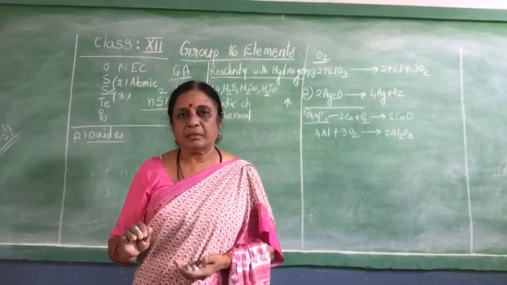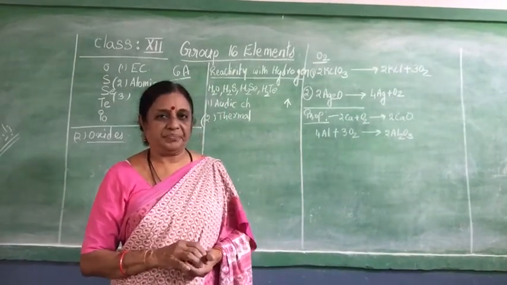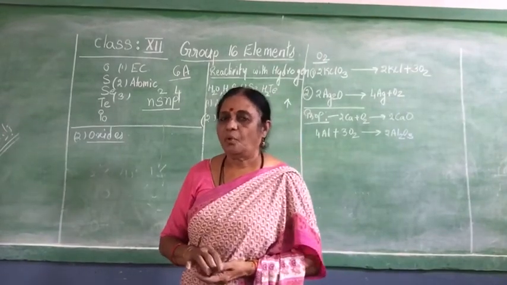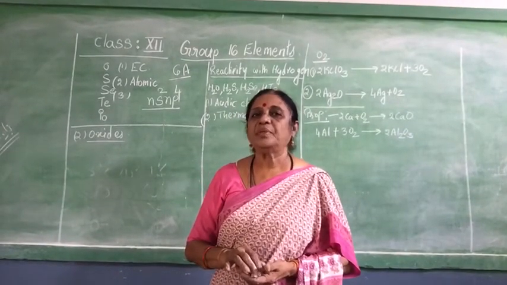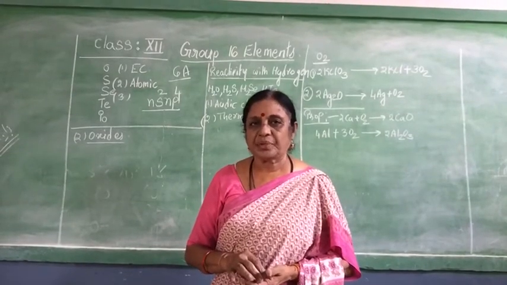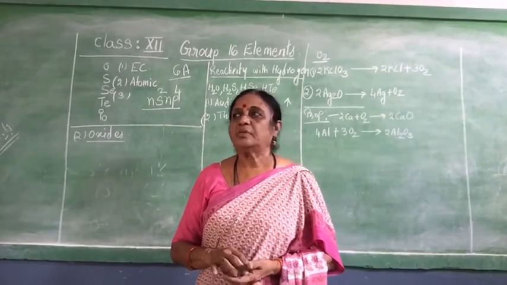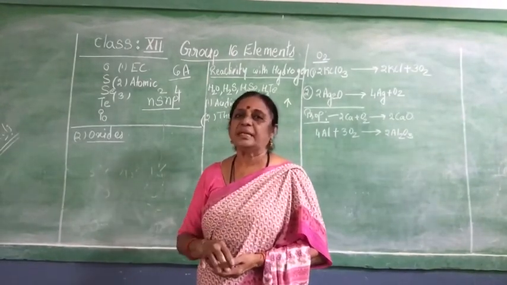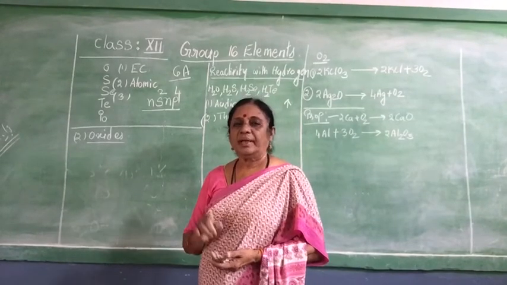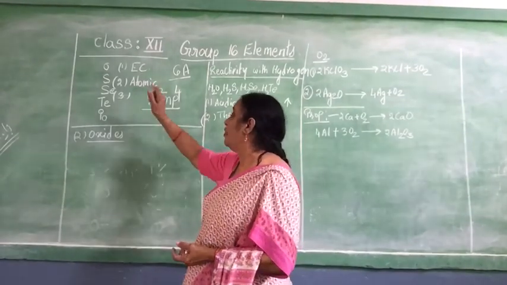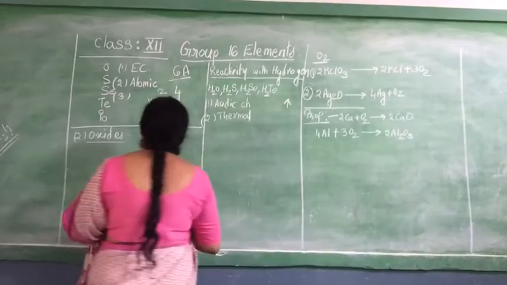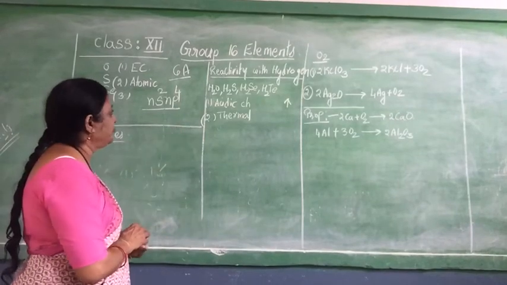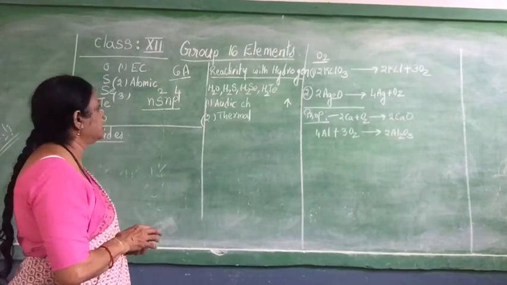Since there are 6 electrons, the general electronic configuration is ns2np4, that is, 2 electrons in s and 4 electrons in p.